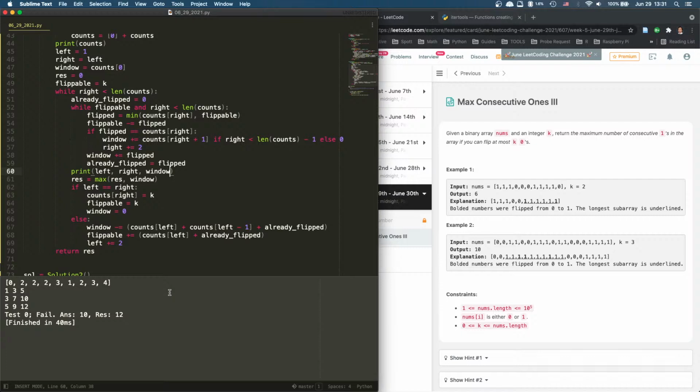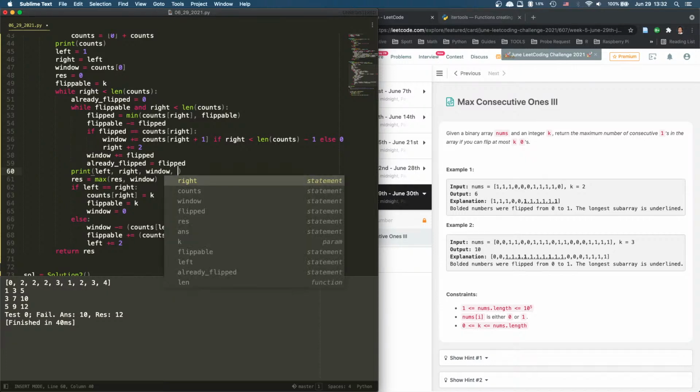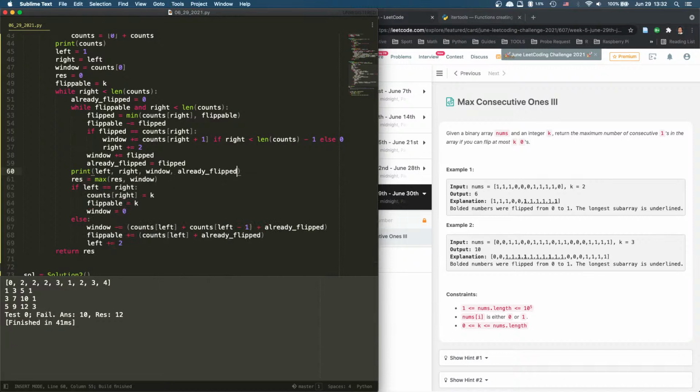No, that's not right. So after the first round is correct, and left is not equal to right, window is going to minus counts left, window minus 5 minus 2, window is going to be 3. And already flipped. Let's also do a window and already flipped.